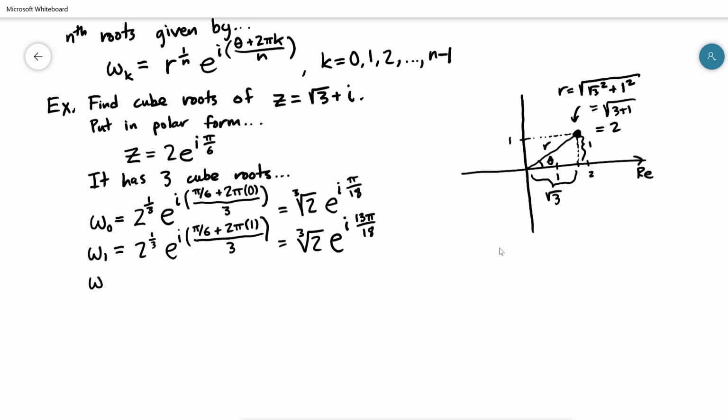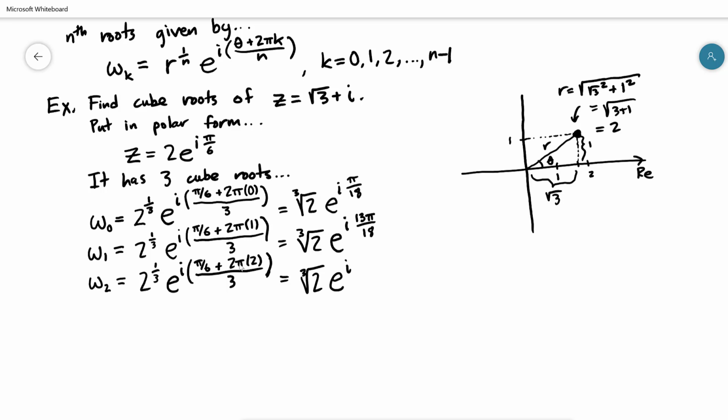And the last root is going to be the same idea, but now I'm doing 2 pi times 2 in that formula and dividing by 3. And I'm going to get, again, the cube root of 2, e to the i. So now I'm doing 4 pi plus an additional pi over 6.